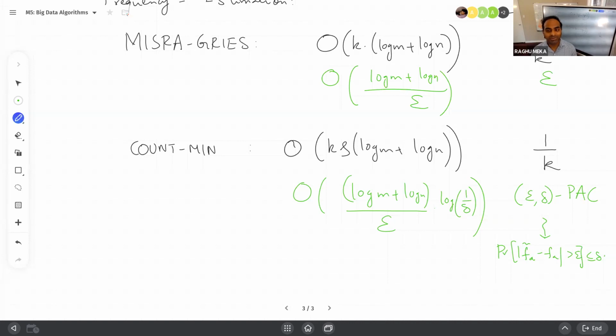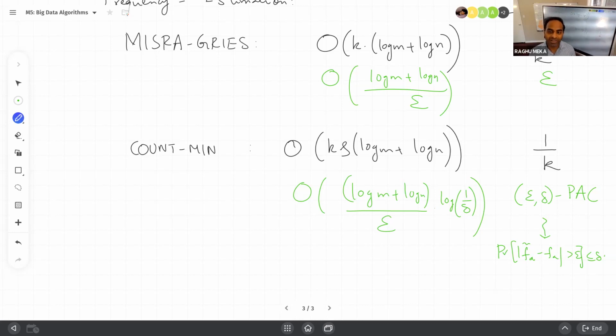So for example, you keep getting pings from different IP addresses, right? What if I want to count the number of unique visitors to my website? How can I do that?